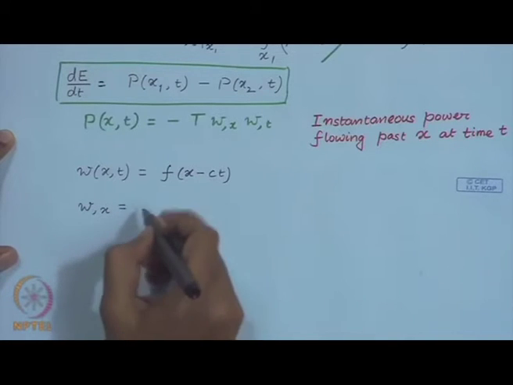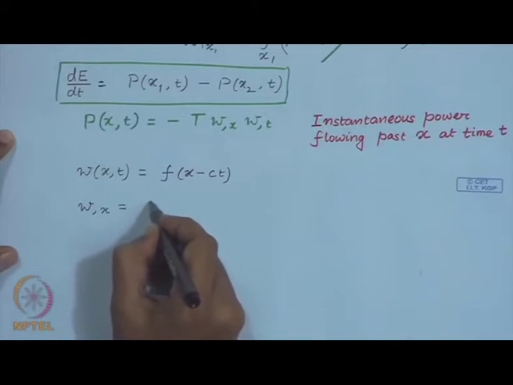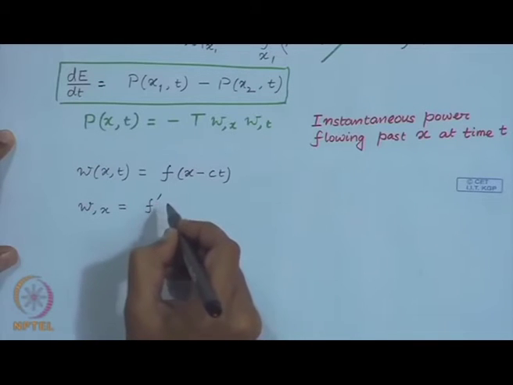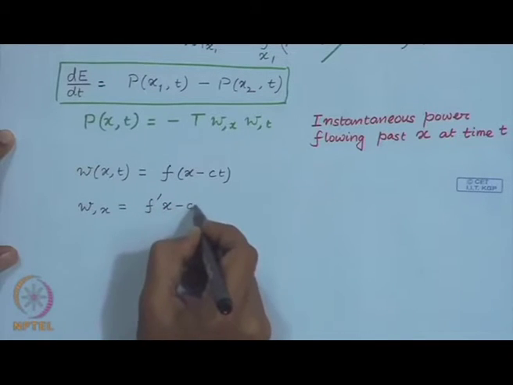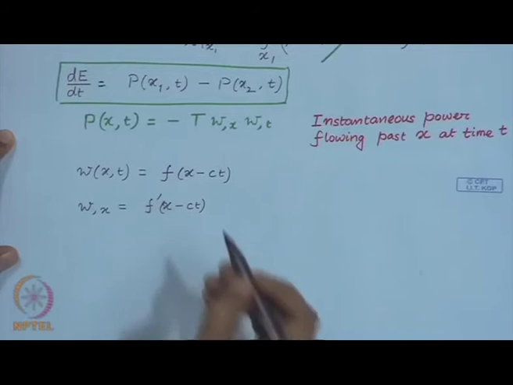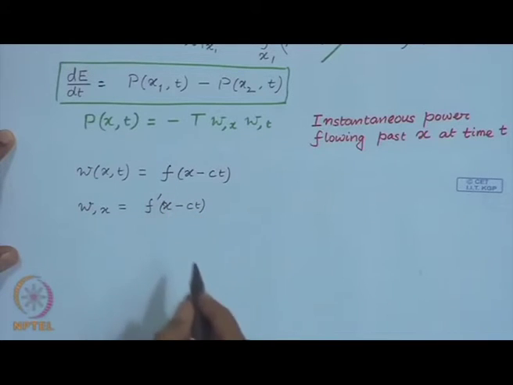So, del w del x is given by this, where the prime indicates derivative with respect to the argument.